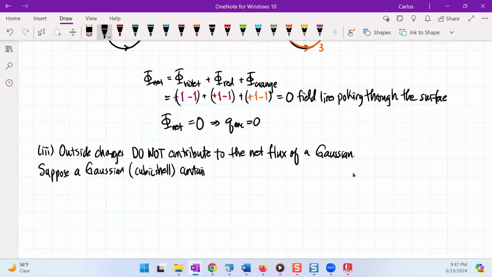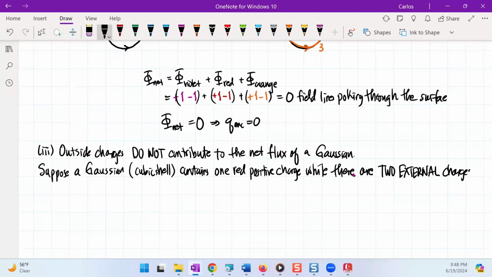Contains one red positive charge, while there are two external charges. And these charges, I'm going to call them green and blue.